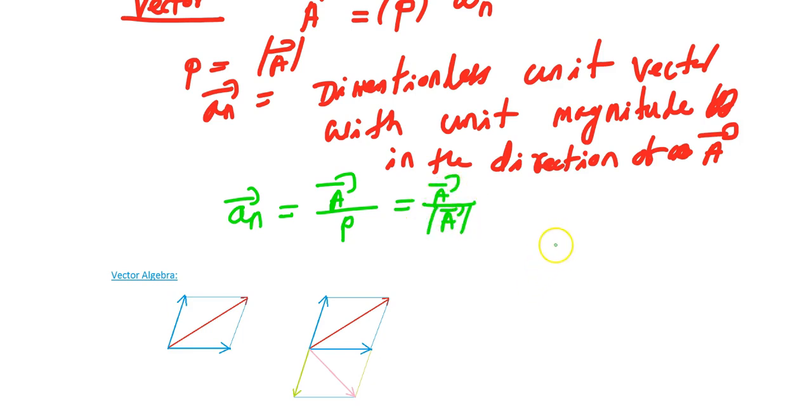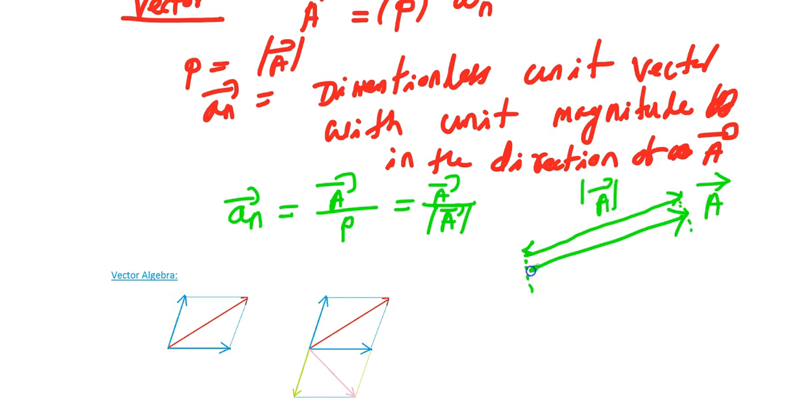So graphically we can represent this: this is your arrow, this represents the vector A, and from tail to tip this distance is your magnitude, and this is your unit vector a_n.